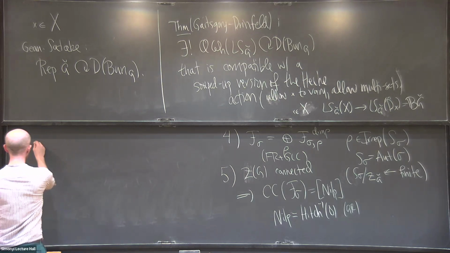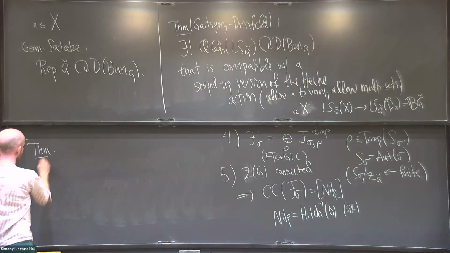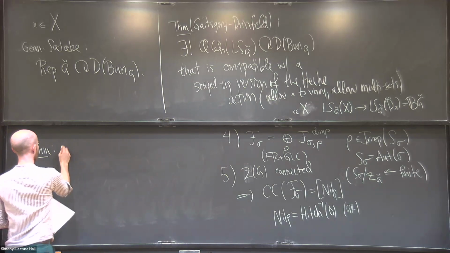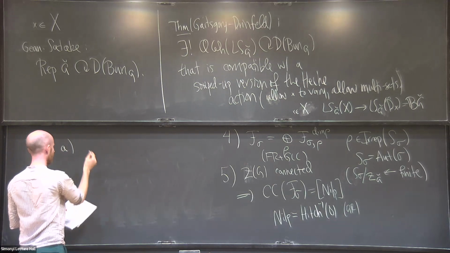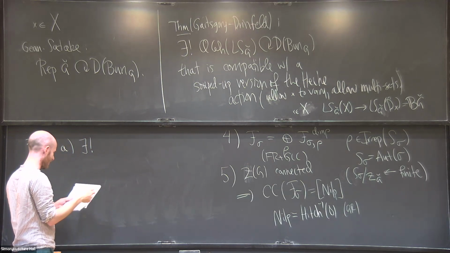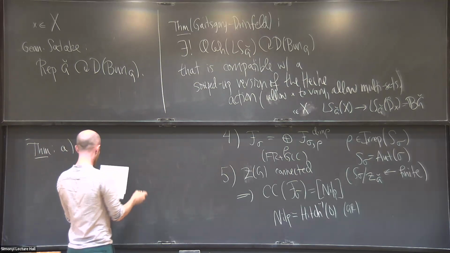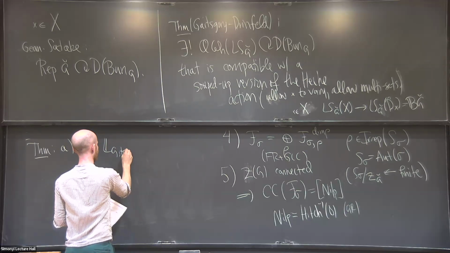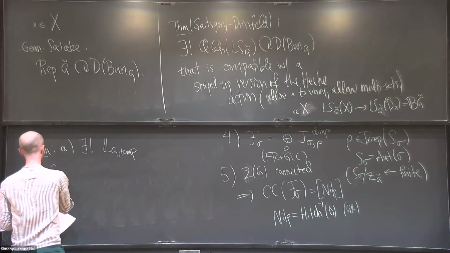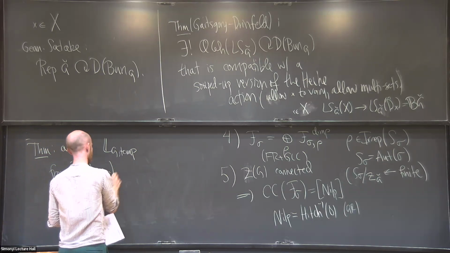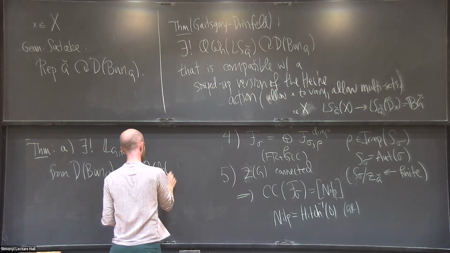Yeah, so now the theorem about the existence of the functor says the following. The first thing is that there exists a unique, so I'm going to collect a few things, and not all of them are really assertions, but the first thing is that there exists this unique functor, I'll call it L_G^temp, that goes from D of Bun G to quasi-coherent sheaves on LocSys G check.